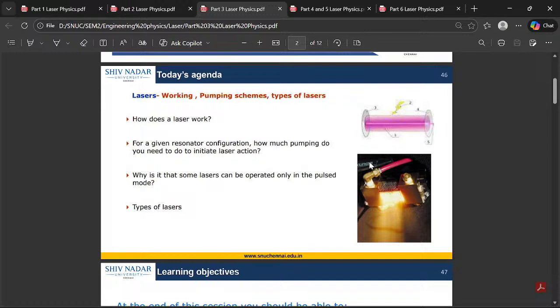In some clinics for hair transplant, you can see the laser is pulsed. That is when it is using a three-level mechanism. Let's talk about it later.